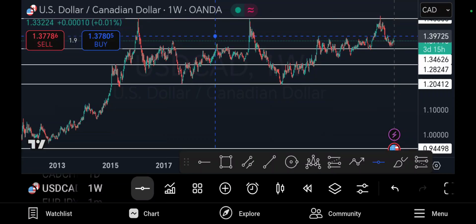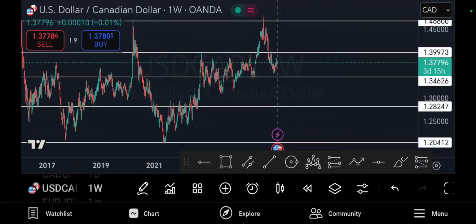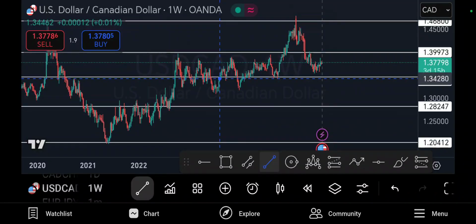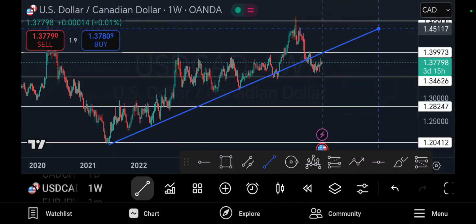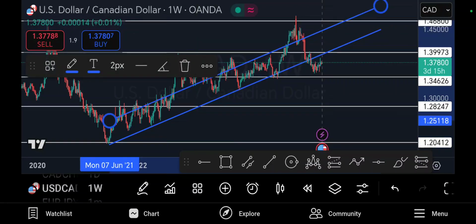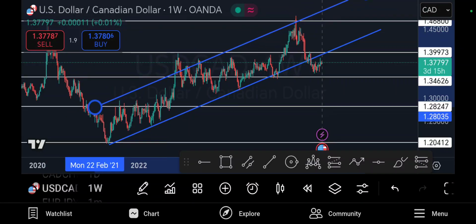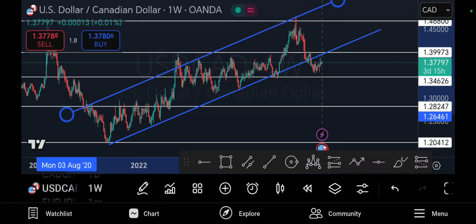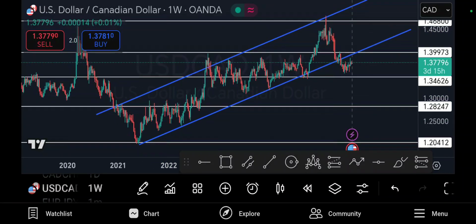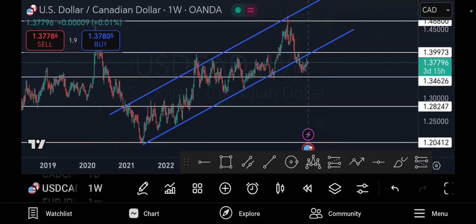So with that being said, that's USDCAD. See, it's already broken out of the initial bullish trend, so we can expect sellers coming in from this area, pushing further down.